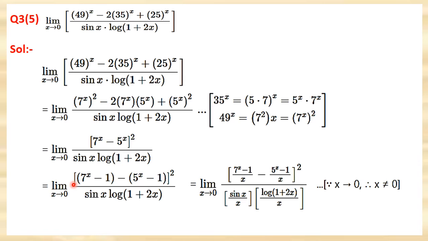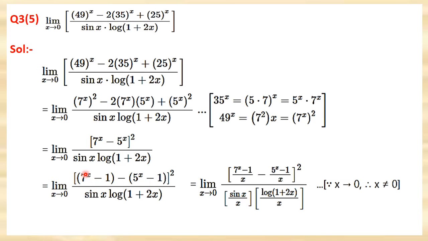Now the numerator we will rewrite as (7 raised to x minus 1) minus (5 raised to x minus 1). That is, we just take a minus 1 and plus 1 in the numerator to get the limit in the general form, that is the a raised to x minus 1 form. Now one more thing we need is the denominator of each term is x.